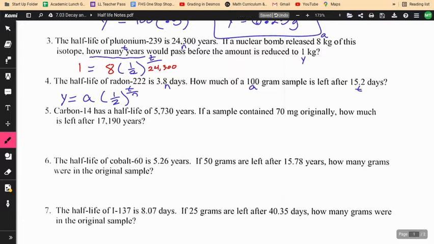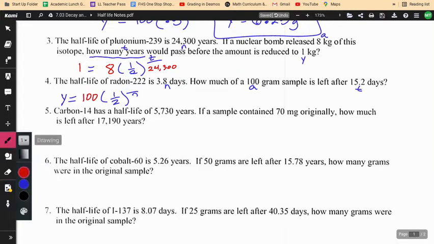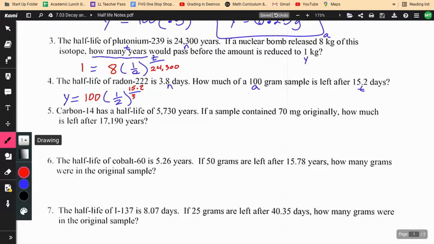Time. So this time, again, I know my initial amount, 100. I know my time is 15.2. And I know my half-life is 3.8. Okay, and again, I will solve that here in just a second.